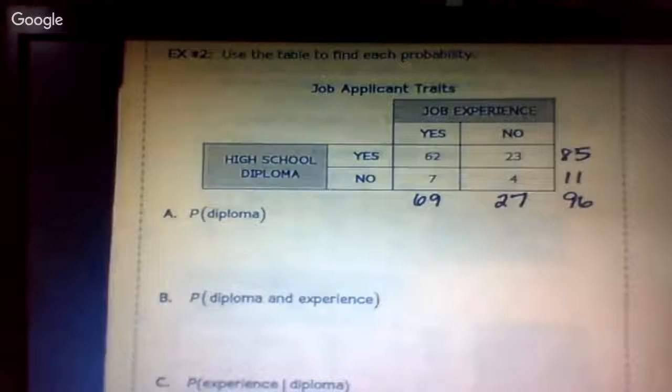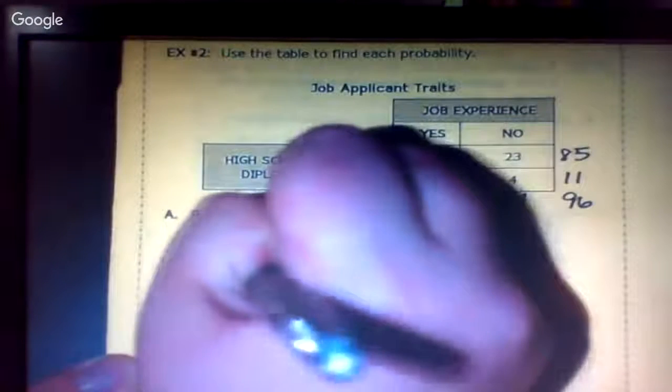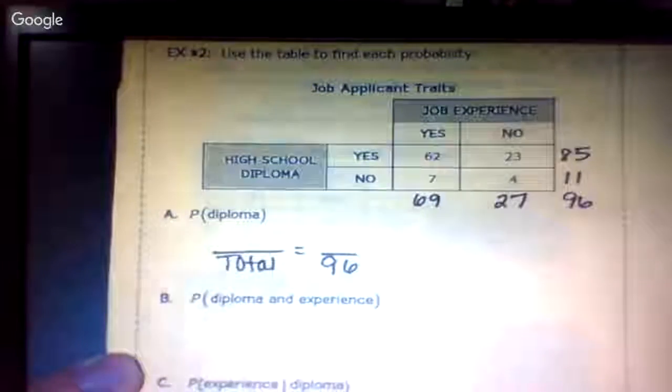Take a look at the first one. The probability of a diploma. Is this conditional or not? Not. We're only looking at one thing. So when we're only looking at one thing, my bottom number is the total, which is 96.